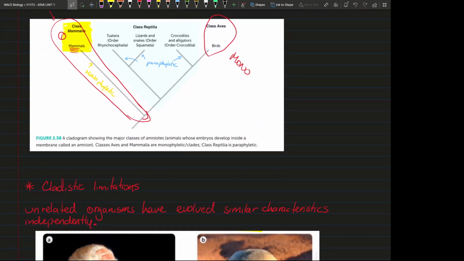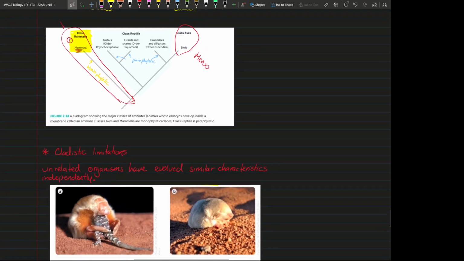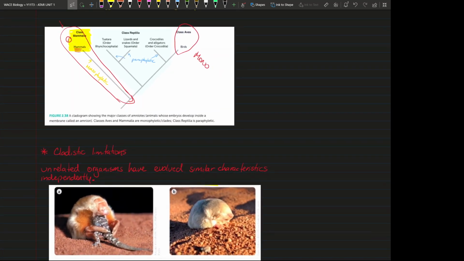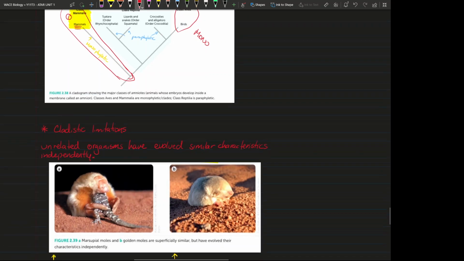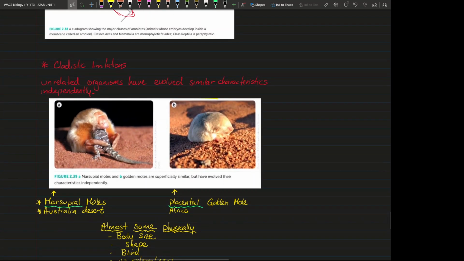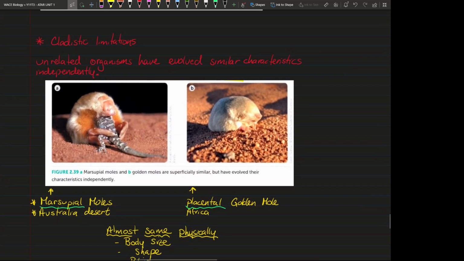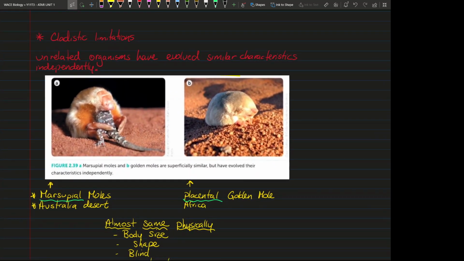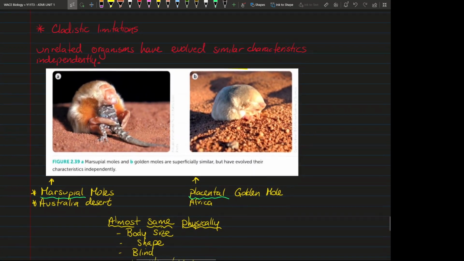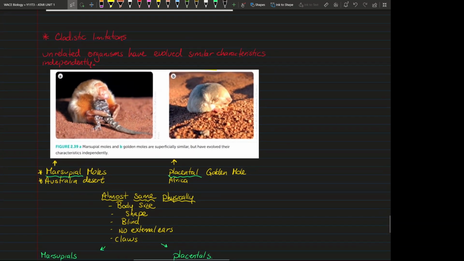If you notice, clades in plants are generally made from physical characteristics, and that's how cladograms are made. But the problem is that cladistics does have some limitations, right? Unrelated organisms that have evolved similar characteristics completely independently, how would you fit them in a cladogram?